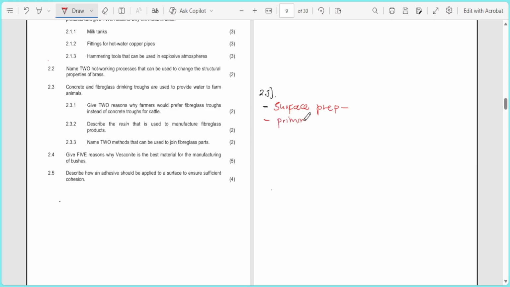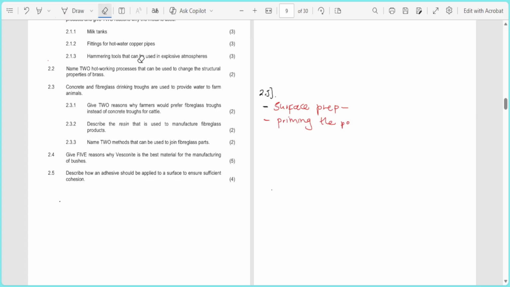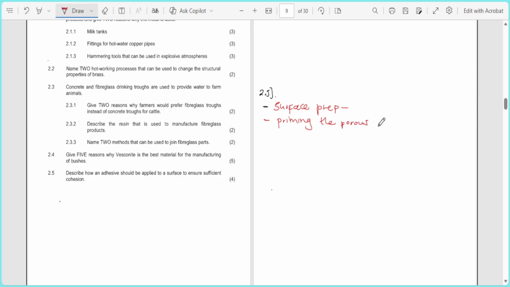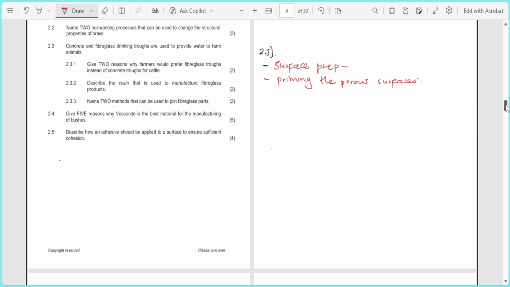Priming the porous surfaces. I'm writing in bullet point form because where I'm writing, it keeps on flashing, and I don't want that.